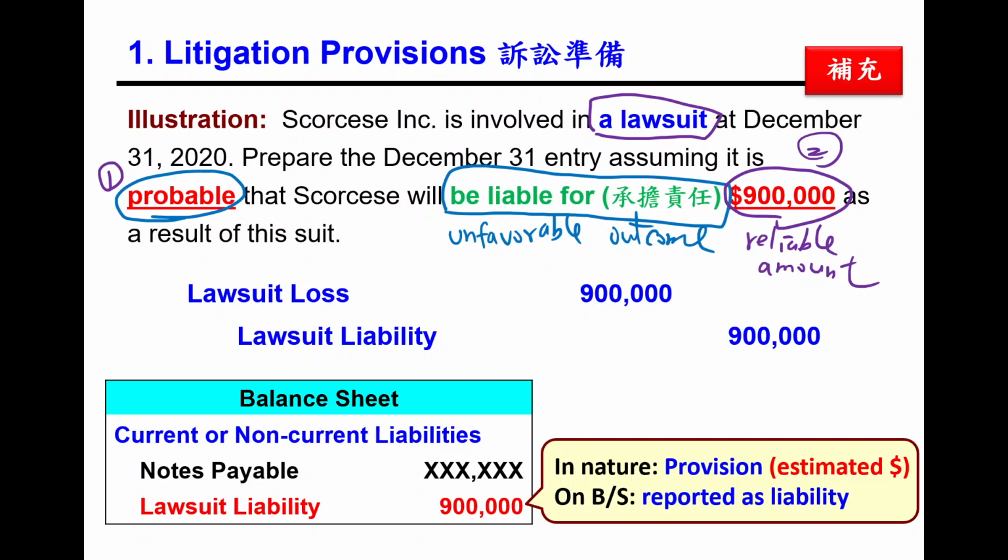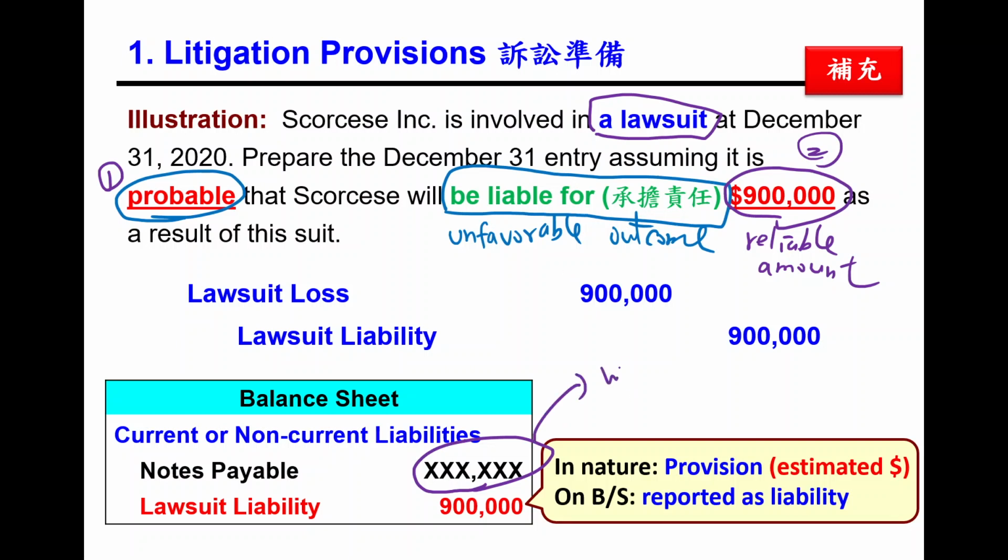In this section we have notes payable and we have lawsuit liability. Even though the lawsuit liability is $900,000 and we report it in the same section as notes payable, the nature is different. What's the difference? For notes payable, we are pretty sure how much we are going to pay in the future, and we are pretty sure when.